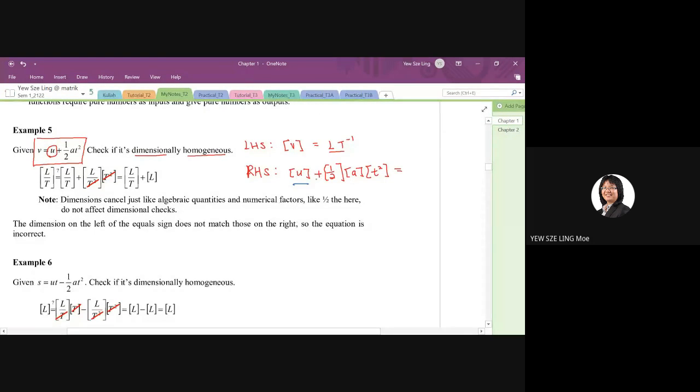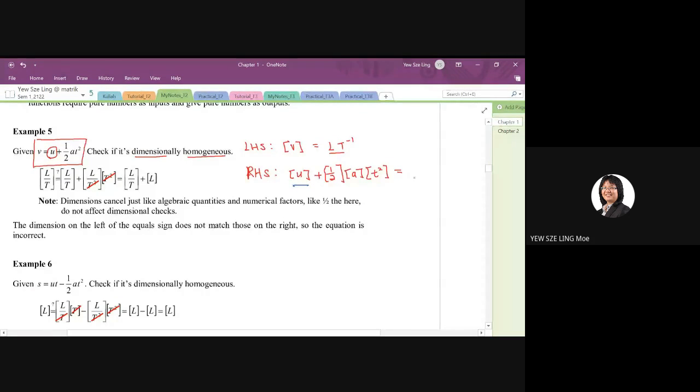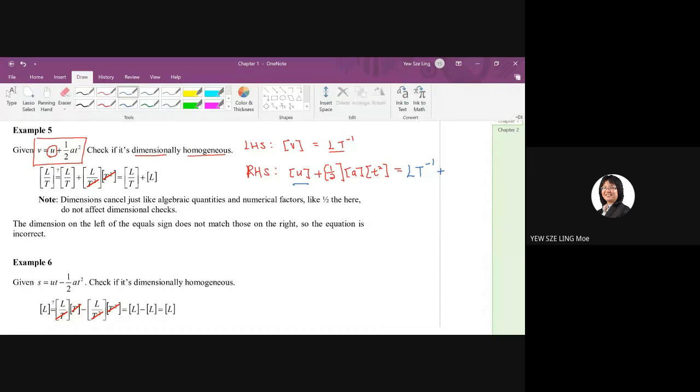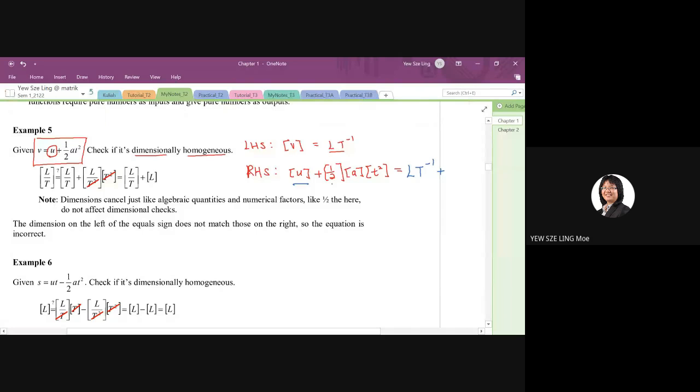The SI unit, the dimension for U is the same as V. Therefore, we have LT^-1 plus. And then the dimension for half, 1 over 2, like I told you just now, is equal to 1, so you don't have to include it in your calculation.